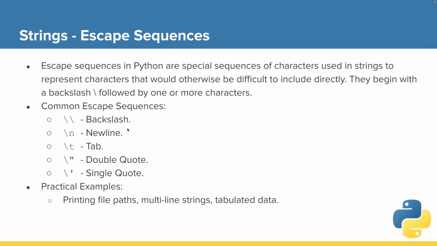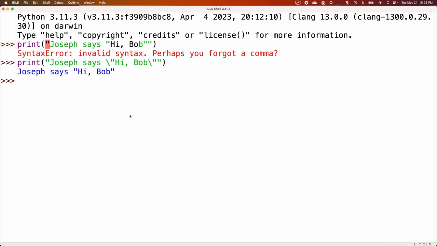So let's look at some other ones. This new line and tab. And what I just showed you with the double quote, it's the same thing that can be used with a single quote, by the way. We'll come back to that. But let's print Joseph. Watch what I do here.